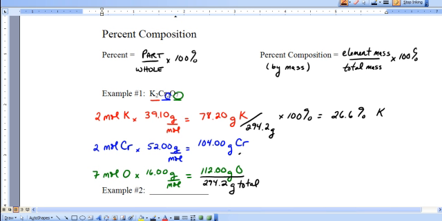We'll do the same thing with the chromium now. Take the part, 104, divided by the total, 294.2, times the 100%, and that gives us 35.4% chromium. And finally, we'll do the same thing with the oxygen.